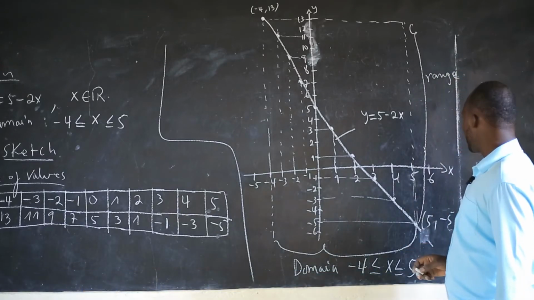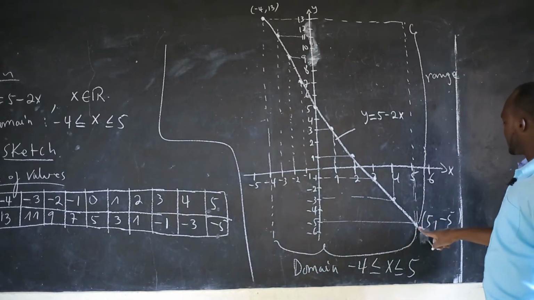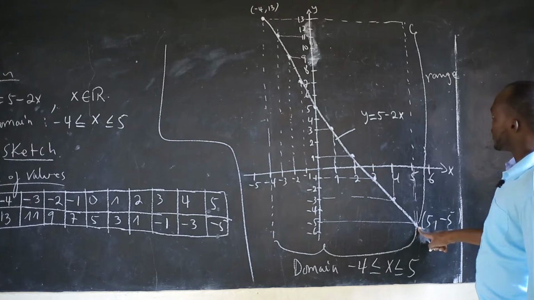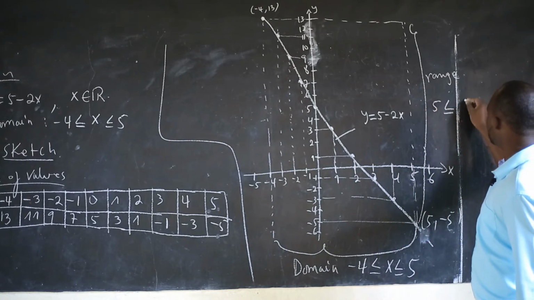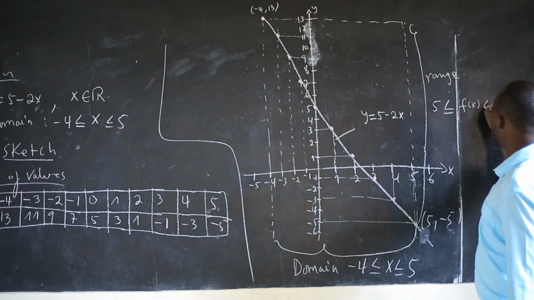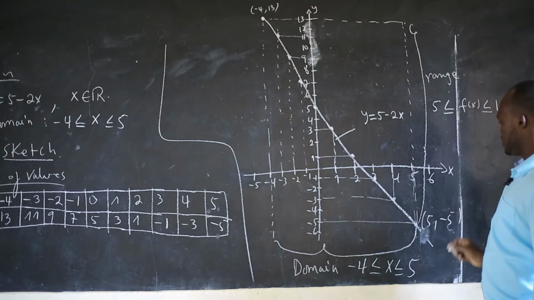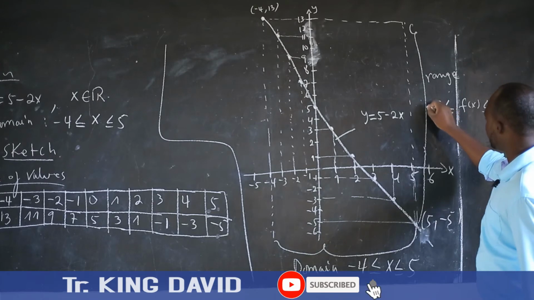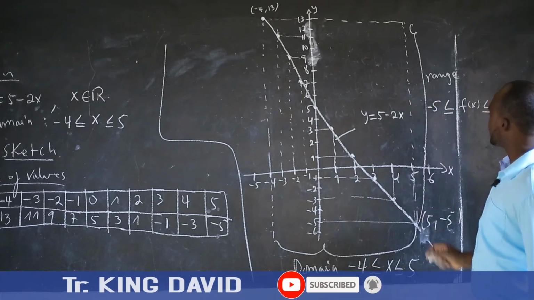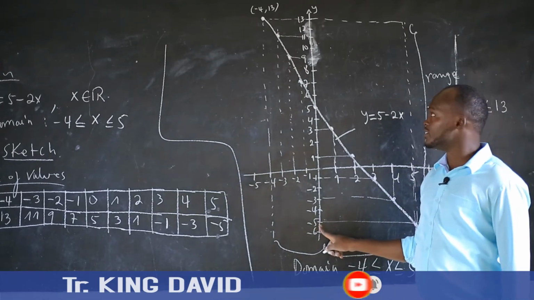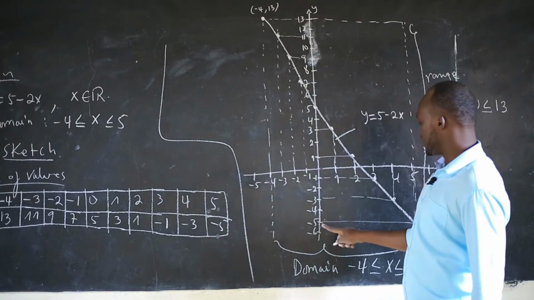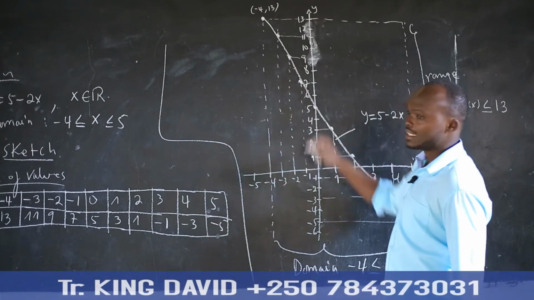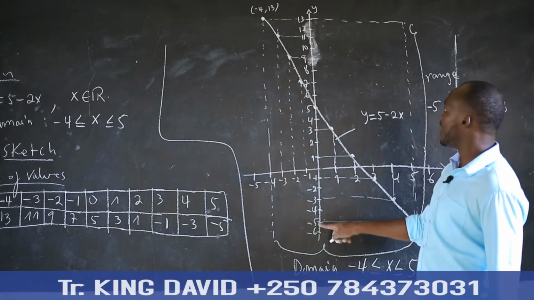That's the range, where we say it is from negative 5 less than or equal to f of x less than or equal to 13. Sorry, this is negative 5, not 5. Because the smallest value of y is negative 5 and the biggest value of y is 13. From negative 5 to 13. That's the range.